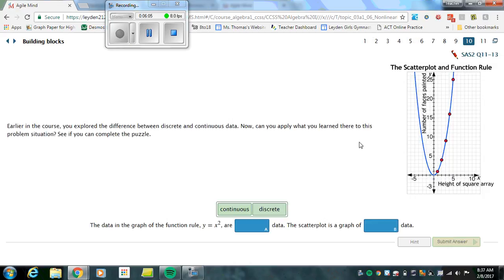The data on the graph of the function rule, y equals x squared, is continuous data. The scatter plot of a graph is discrete.